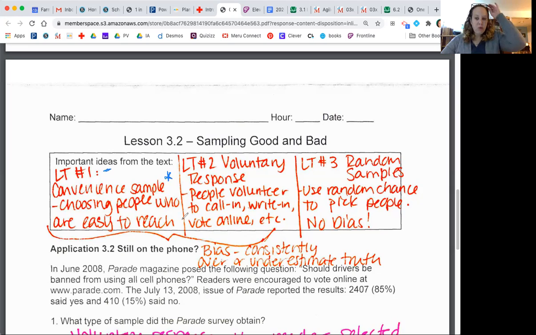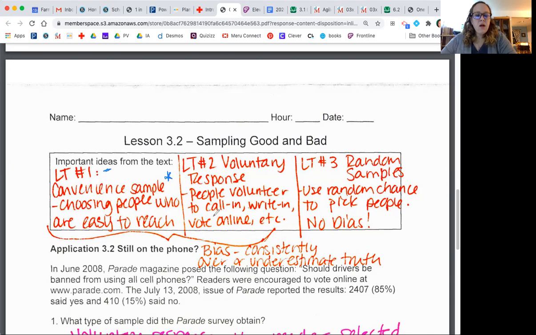An example of this would be, if you wanted to sample teenagers, you just went to the mall, or you just wanted to sample people, you stood in front of the mall or in front of Walmart and just picked people that were easy to reach rather than randomly sampling the entire population.